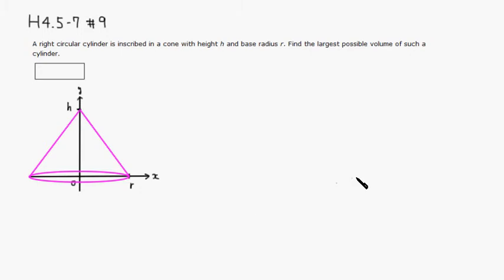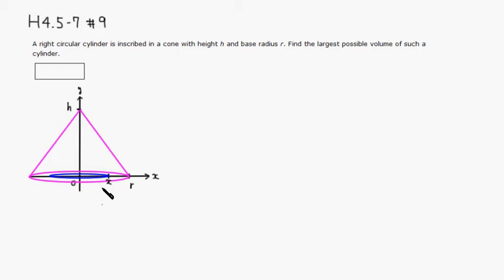And we want the circular cylinder, so I'm going to call the radius of that cylinder x. So right here is x. Then draw a cylinder like this. Here's the cylinder that's inside the cone. I have to go straight up to here.